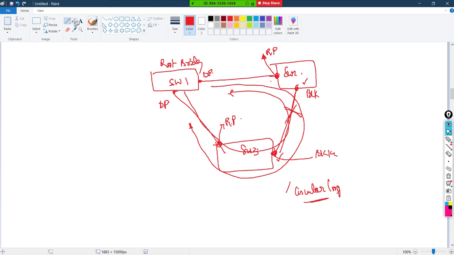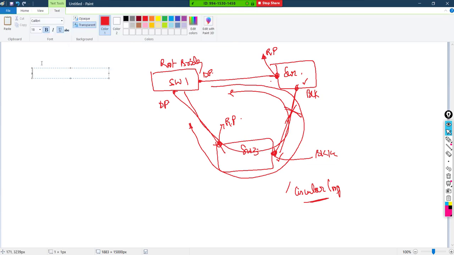So the criteria says, let me just write it down here. Once we have the root bridge, I go and find out the root port. Root port says lowest cost to reach the root bridge.